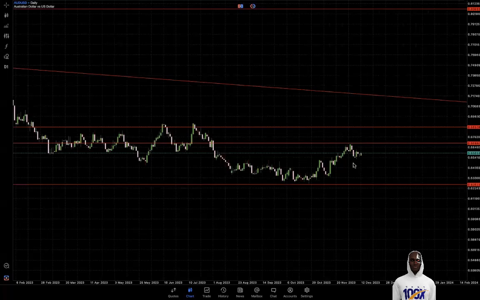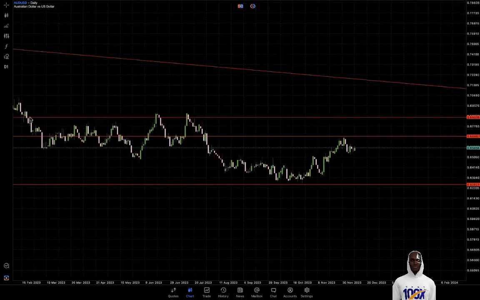Here our price consolidated within this range, then a breakout happened, and price moved down. Then it consolidated at this level as well, moved up, came down, went up, and is now at this resistance zone here.